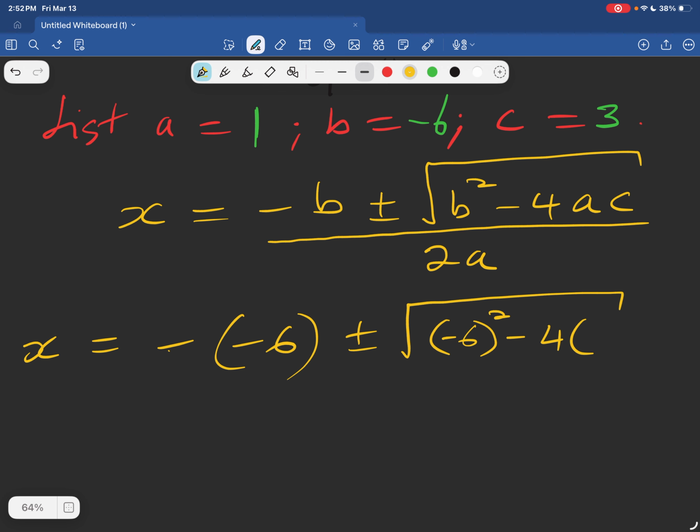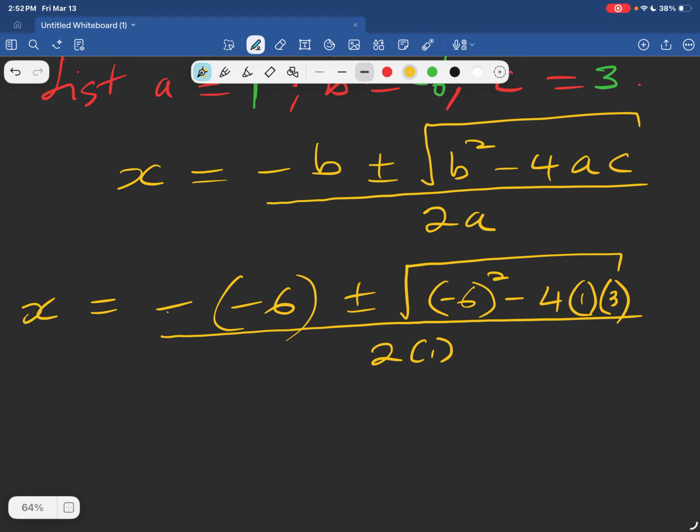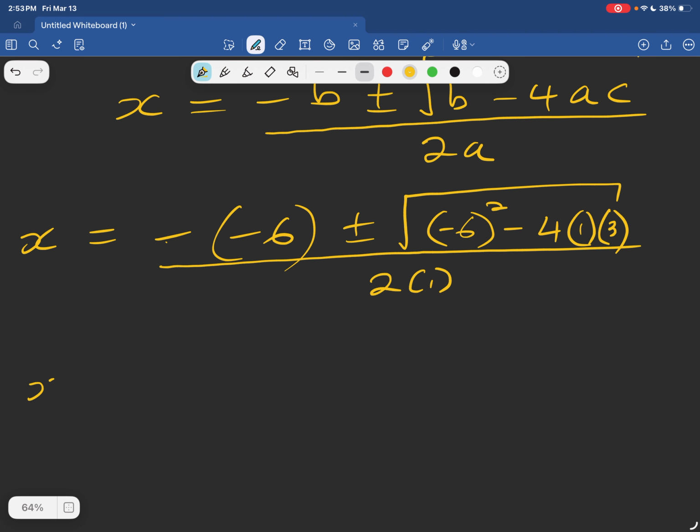A is 1 times what is c? c is 3, okay? All of this must be over 2 times whatever a is, which is 1, okay? So we end up with x is equal to, and we now proceed to solve.